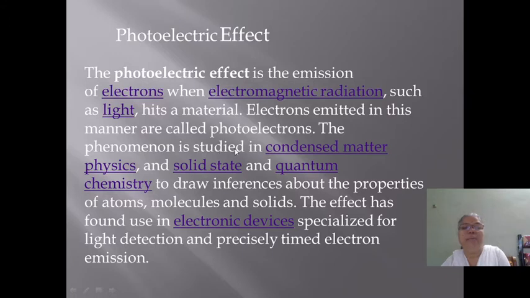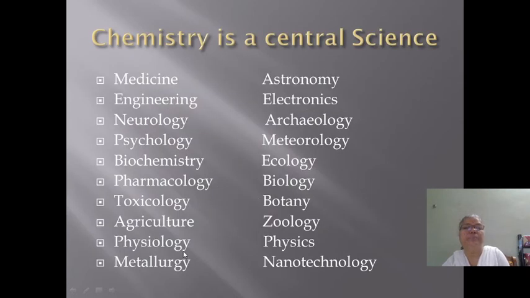This phenomenon is studied in condensed matter physics, solid state physics and quantum chemistry to draw inferences about the properties of atoms, molecules, and solids. The effect has found use in electronic devices specialized for light detection and precisely timed electron emission.